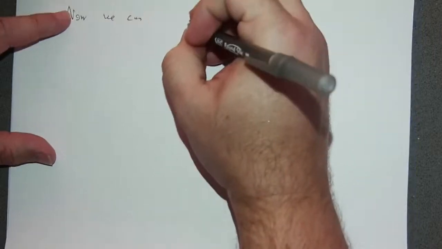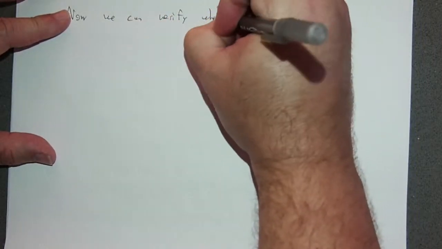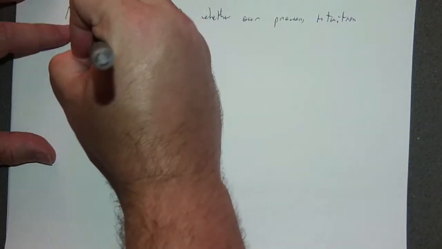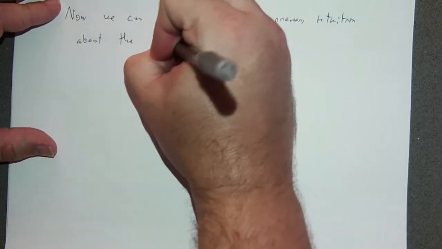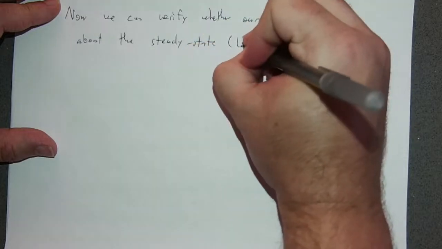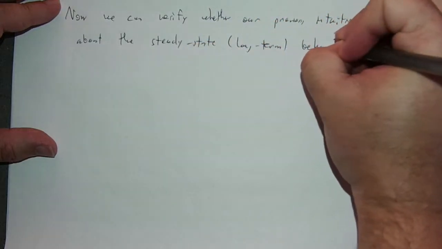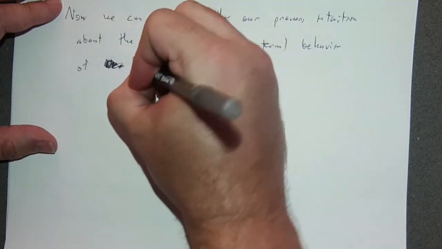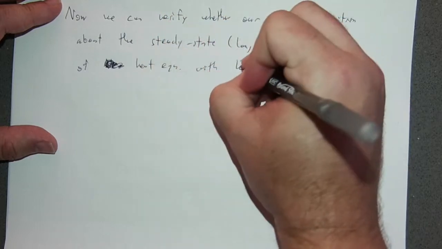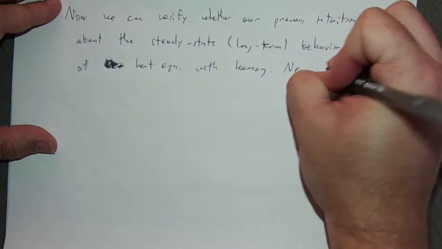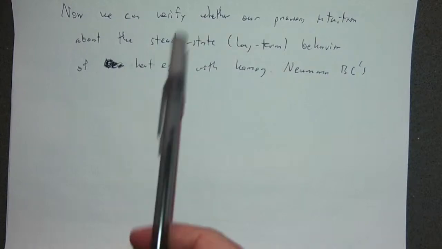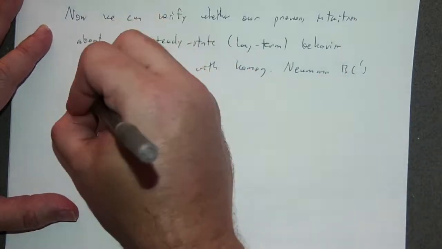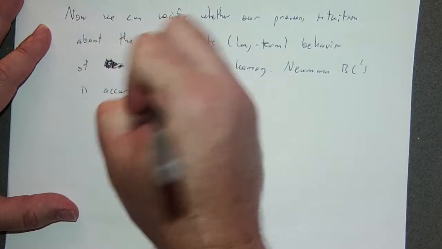Now we can verify whether our previous intuition about the steady state or long-term behavior of the heat equation with homogeneous Neumann BCs is accurate or not.